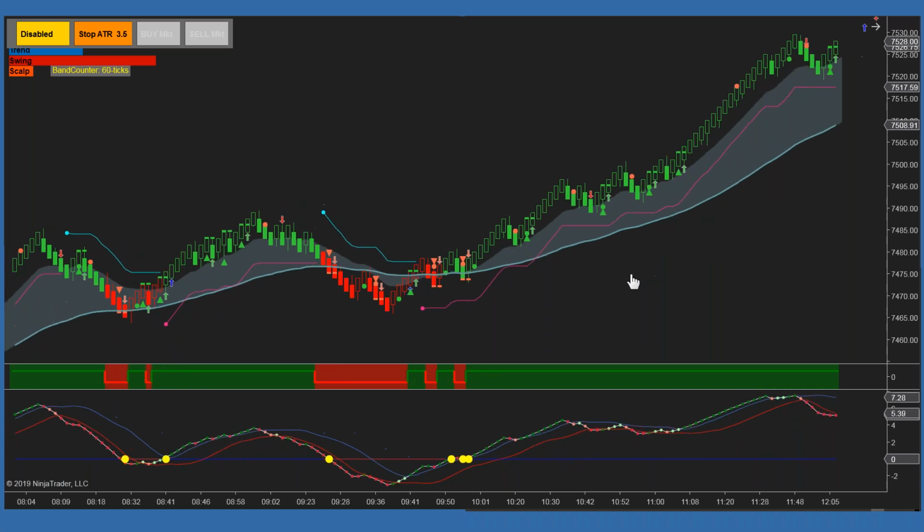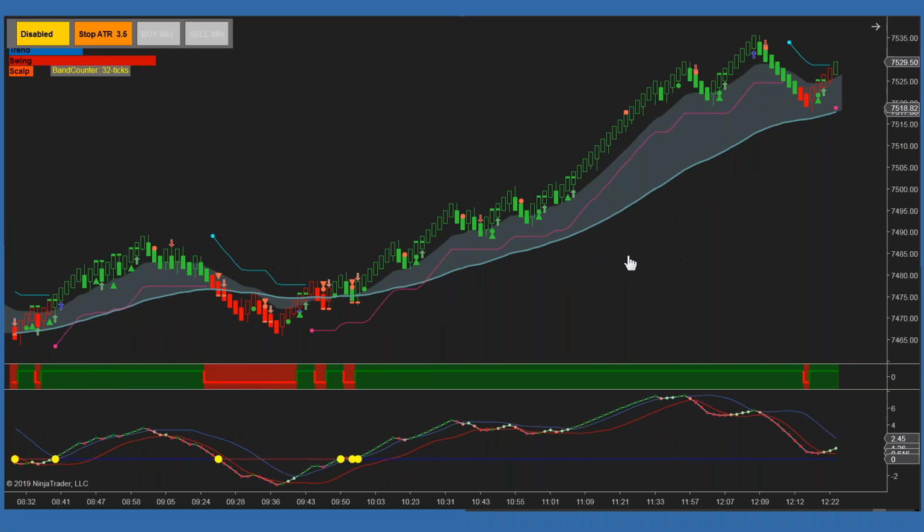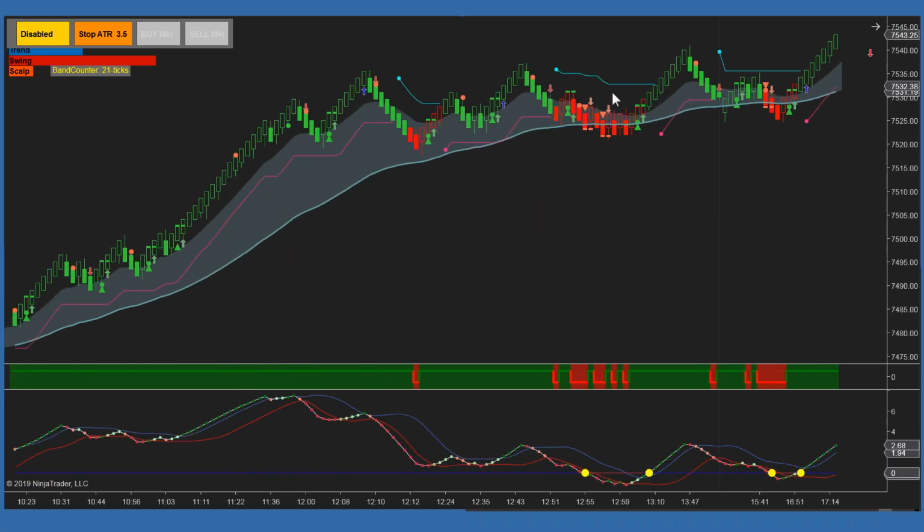What I'll do is I'll show you Robert Miner's strategy here today. They work better in trending markets. So it works best when you have something resembling a trend versus a sideways trading range.